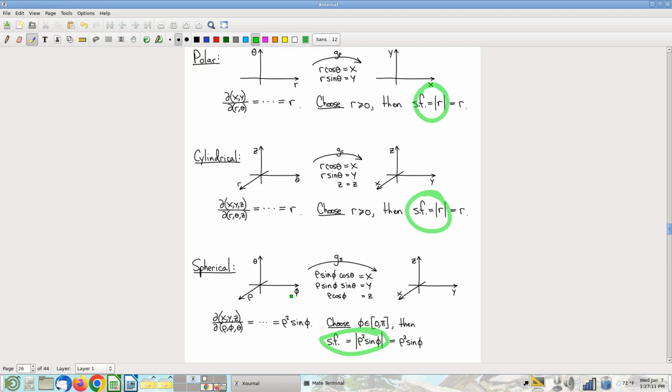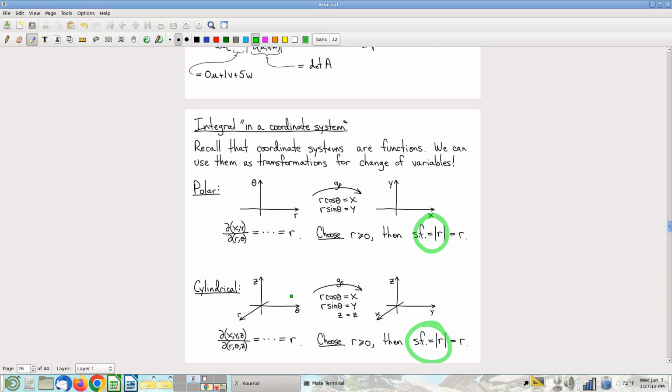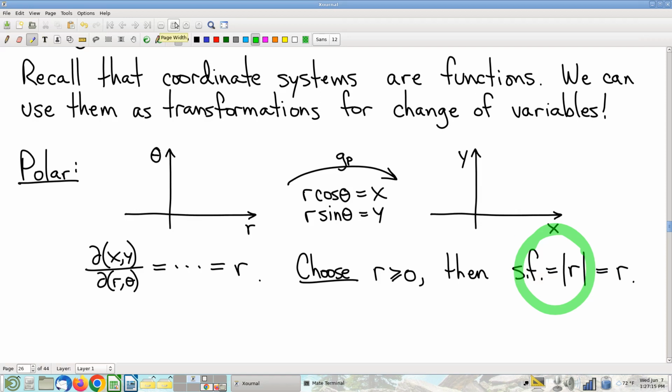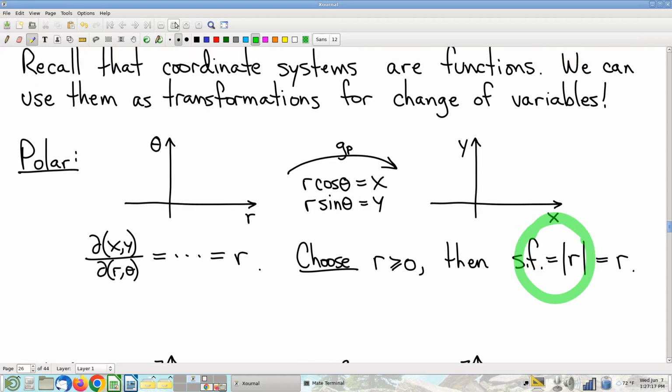So here's where we're going to make certain choices. And I emphasize that these are choices. They're arbitrary, but they're very convenient arbitrary choices. I'm going to say, look, I sure wish that this thing inside the absolute values was always positive.